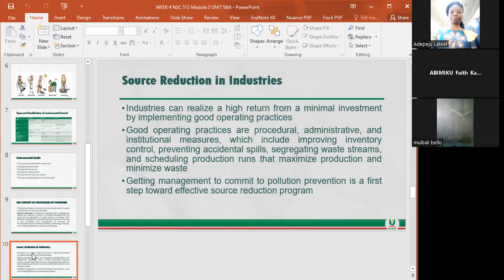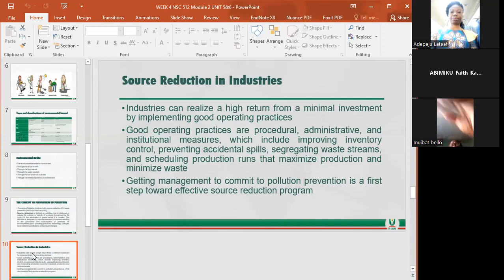Source reduction in industry. It is important to realize that a high return from a minimal investment by implementing good operating practices is very important.